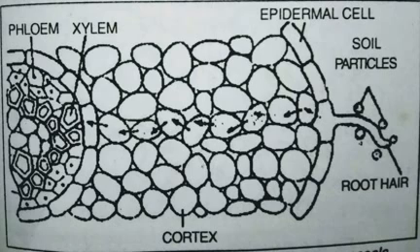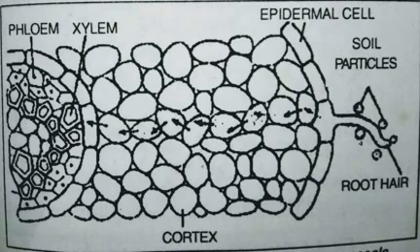Organic substances which are mainly manufactured in the leaves are supplied to all non-green parts of the plants for growth, storage, and to carry out various metabolic activities. The distance may range from a few feet to several feet.